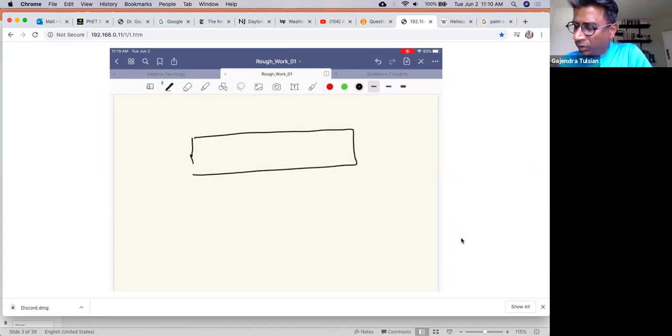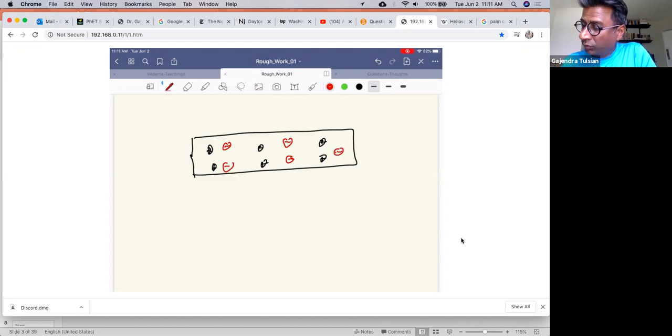The conductor has these atoms. In a conductor, the atoms, which are neutral, will lose a couple of their outermost electrons. And what you have is free electrons moving around in this conductor.